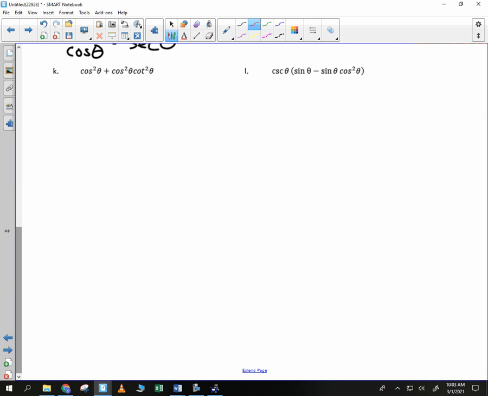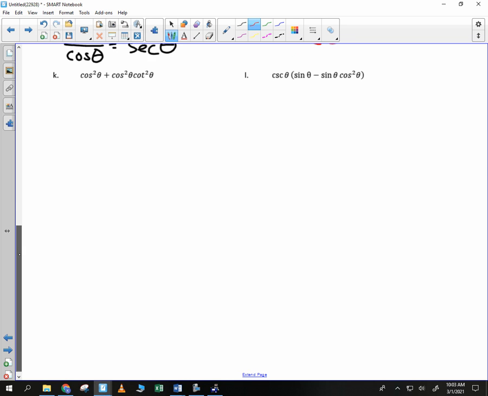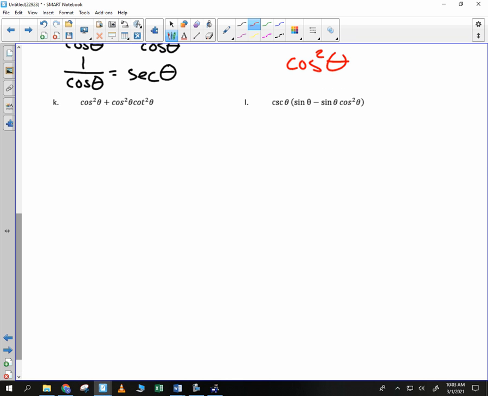It's kind of a review of the couple that we practiced the other day. Let's see if you can pick up the first step. Anybody know what the first step is for K? Hint, it's not going to be rewrite in terms of sine and cosine. Anybody see what I can do? Starts with an F. Factor. I factor out a cosine squared.